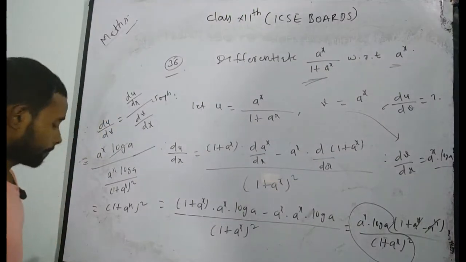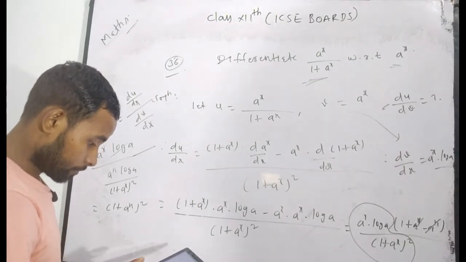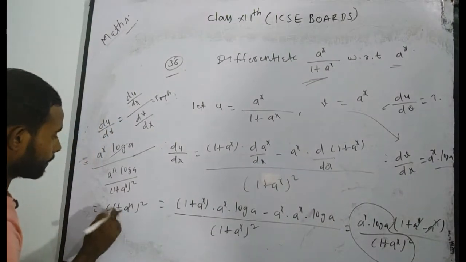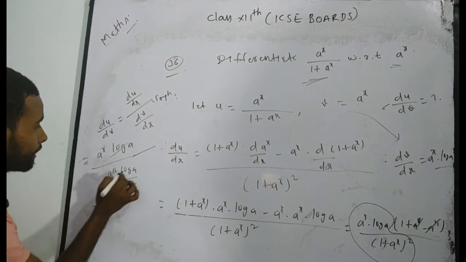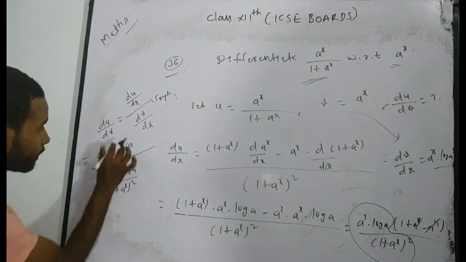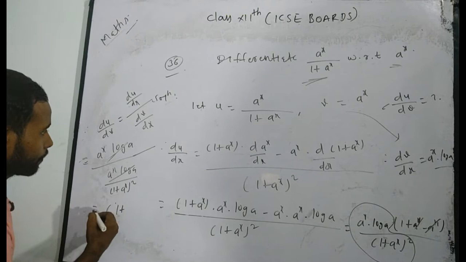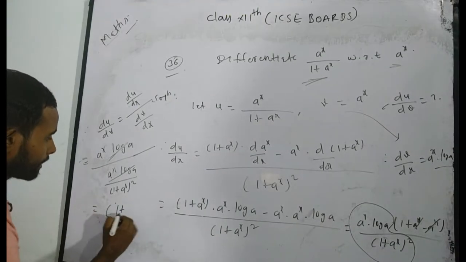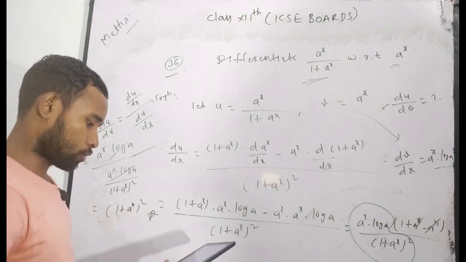Yes, this is correct, and this term cancels, and it will go in the numerator. Finally you will get 1 plus a to the power x whole square, which is your correct answer of this question.